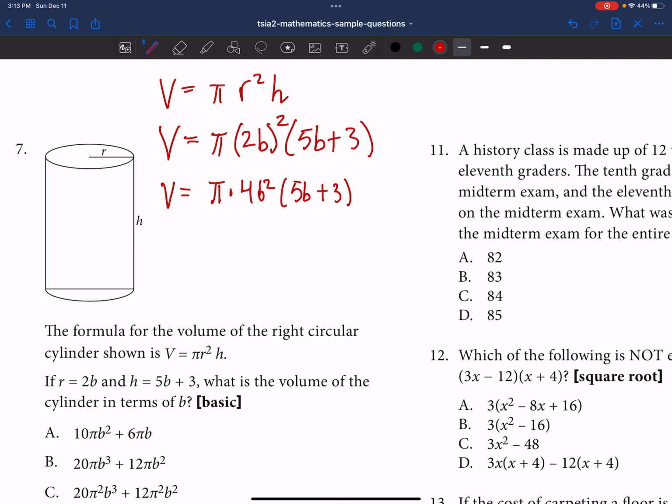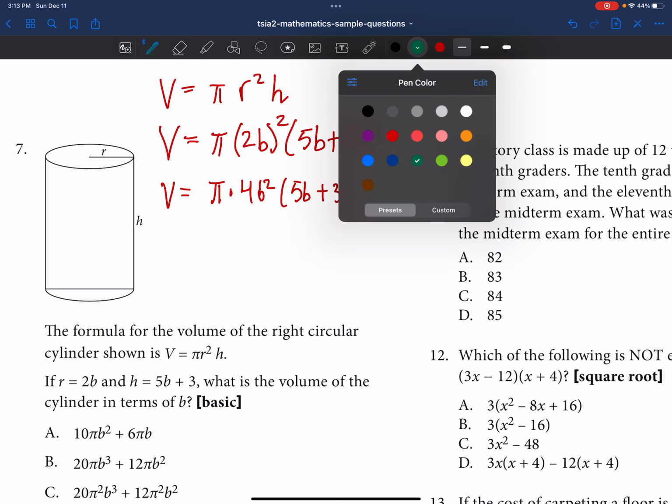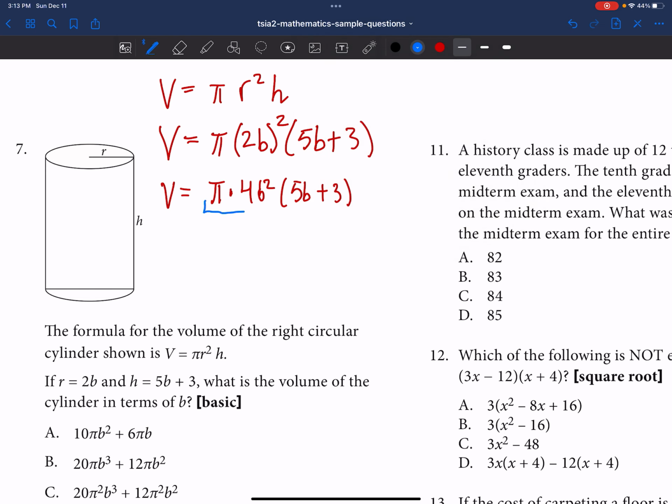So let's distribute that. Now, when we do this distribution, I want you to keep in mind that we're distributing this whole expression here and here. So when I multiply this out, I'm going to use the distributive property on that first quantity, 4 pi b squared, onto 5b and onto 3.